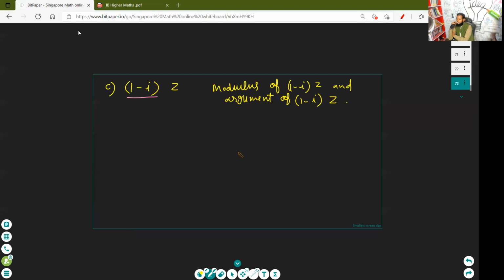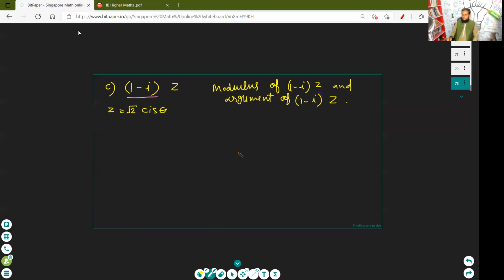But if they give you a question like modulus of 1 minus iZ, what is Z? Okay, wait, I give you Z. Z is equal to root 2 cis theta, okay?